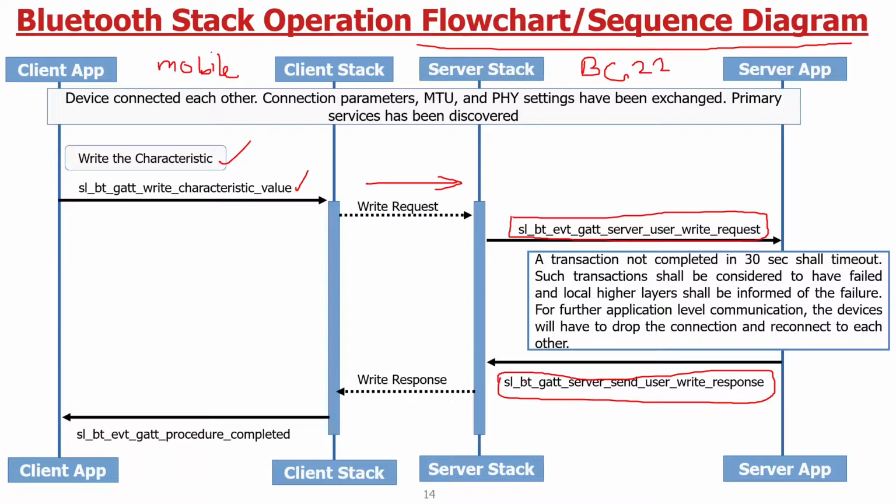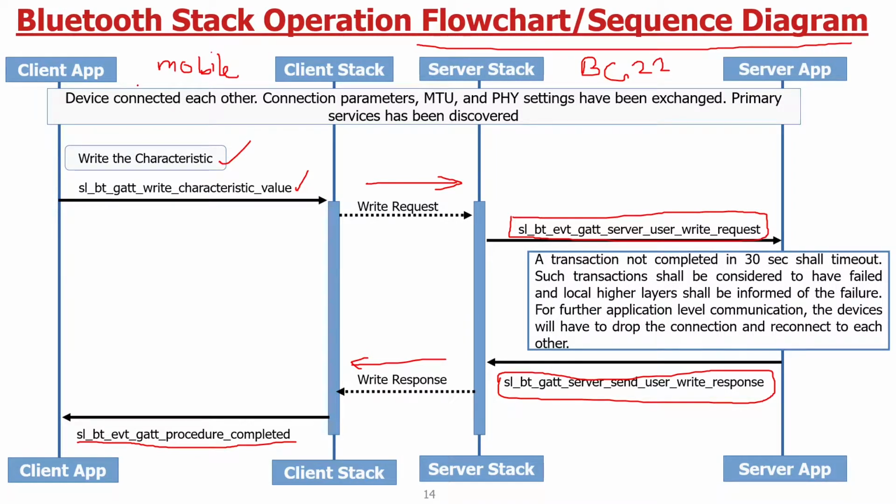This response is sent to the client, saying that whatever you have written from the mobile app has been successfully sent to the server and processed successfully, and it gives the acknowledgement. Once you get the response, you will be able to see SL_BT_EVT_GATT_PROCEDURE_COMPLETED. That means one transaction is completed. This is how client to server communication happens in Bluetooth.